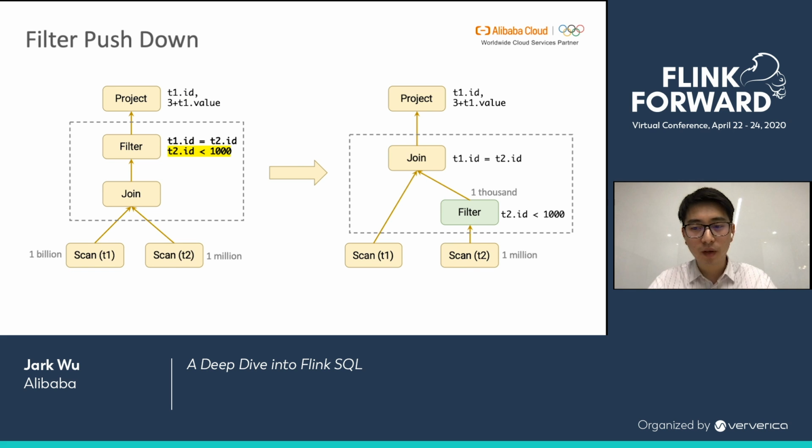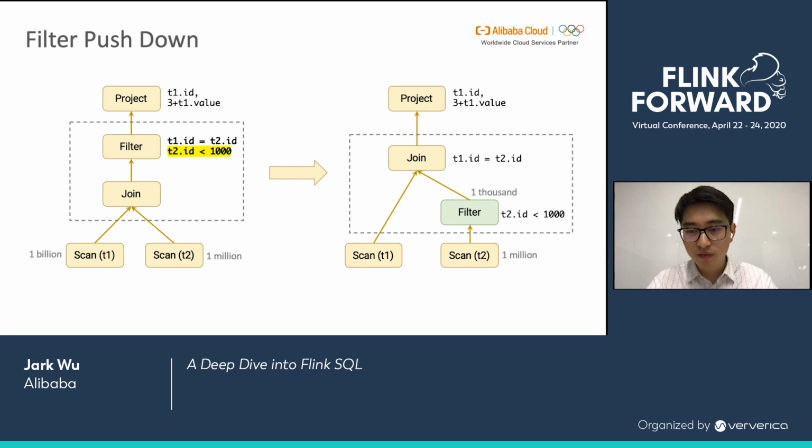And the second optimization rule is pushing down the filter through the join node. Still the previous example, we are joining two tables, T1 and T2, and then we have a filter to filter the join result. And finally, we project T1.id and 3 plus T1.value.